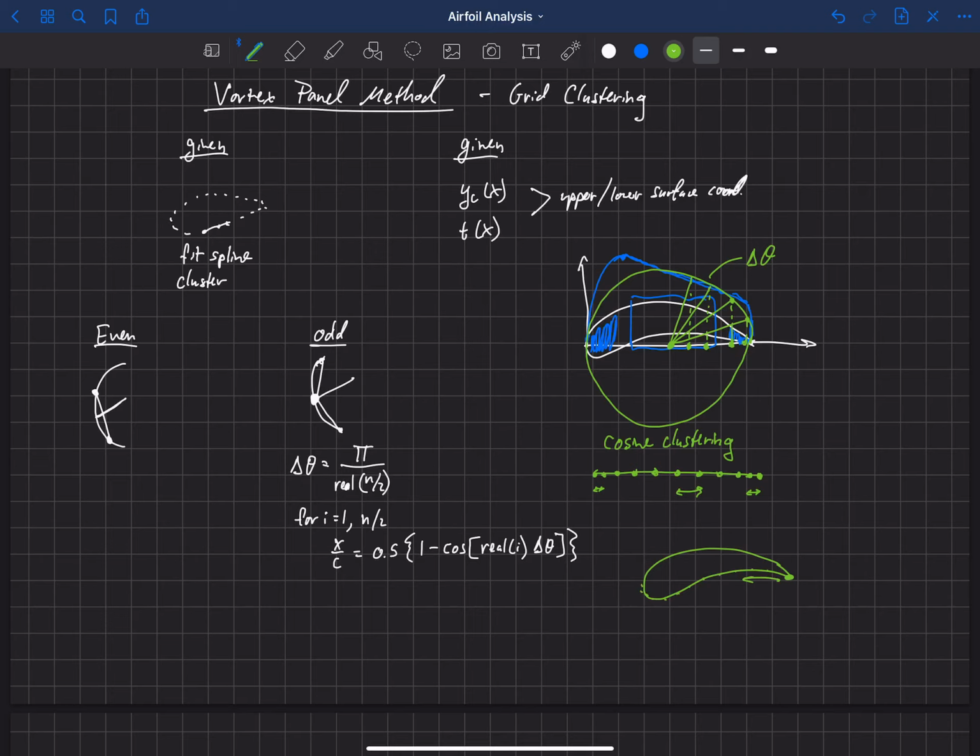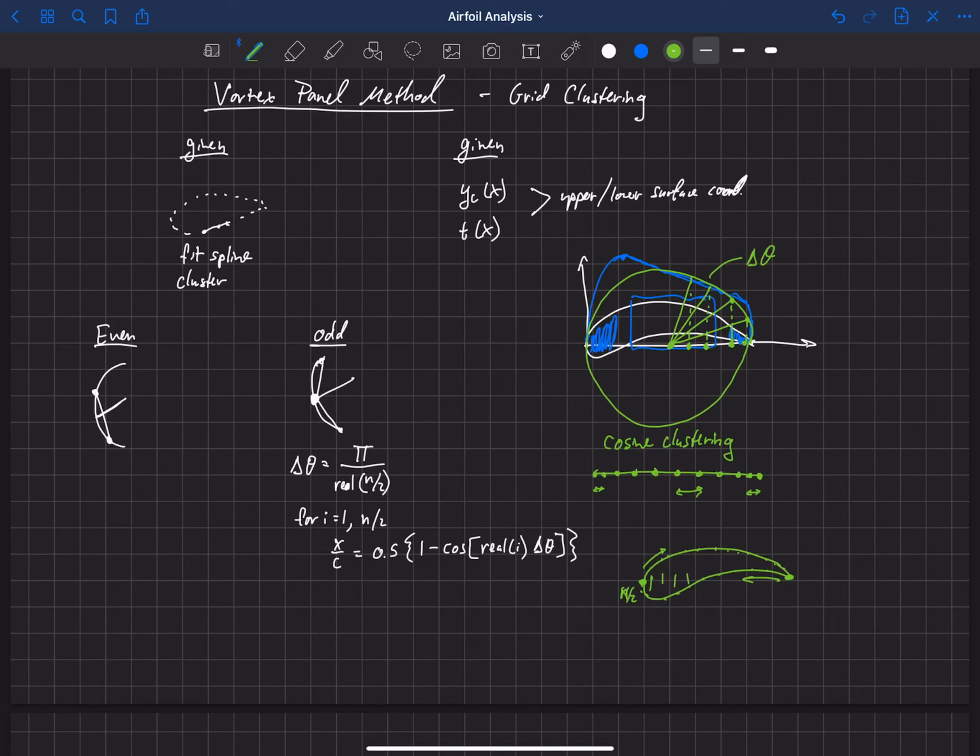Okay, and so we would go up to n over 2. So this is our n over 2 location, and then our center point, because we have an odd number of points, is just going to be at 0, 0. And then we keep walking in this direction back to the trailing edge using the same x locations as we did before, but now storing the upper surface as we move back to the trailing edge.